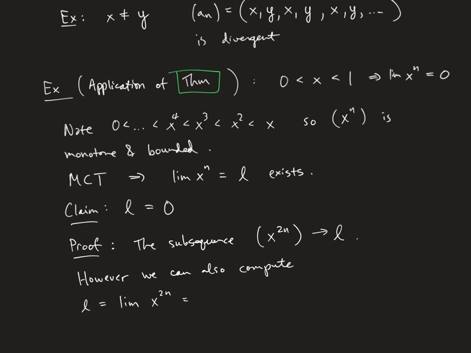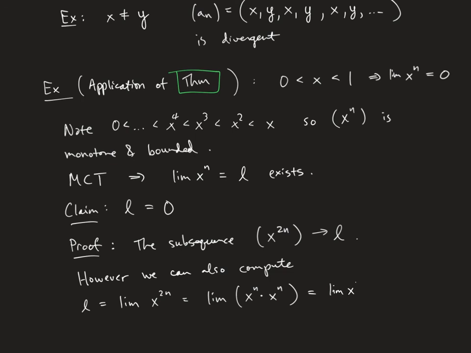But x to the 2n is x to the n times x to the n. So this is the limit of the product of two sequences. Right, so you have the x to the n sequence multiplied by itself. And from the algebraic limit theorem, since we know this x to the n is a convergent sequence, I can apply the fact that the limit of the product is the product of the limits.